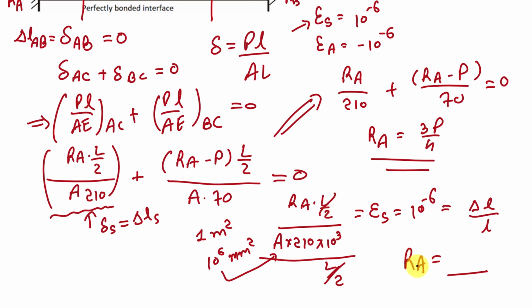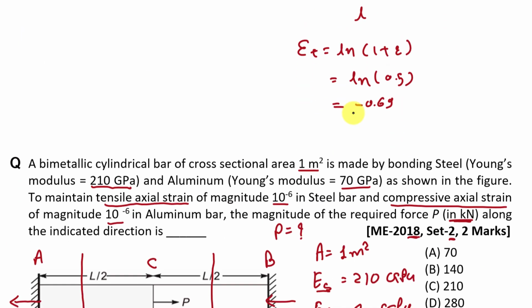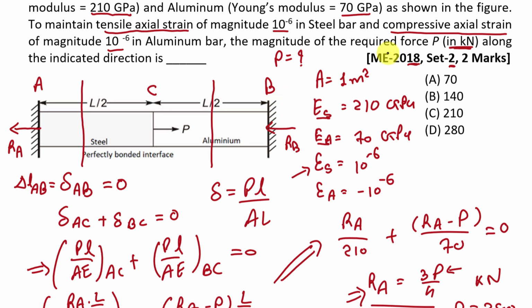And if you have the value of RA, then from this expression you can find the value of P. Here this value of RA will be in Newton, and finally you have to put the value of load in kilonewton, right? If you calculate this, you will get the load of 280 kilonewton. And here our answer will be option D, 280 kilonewton, right?